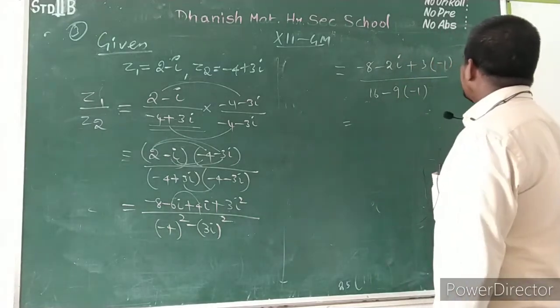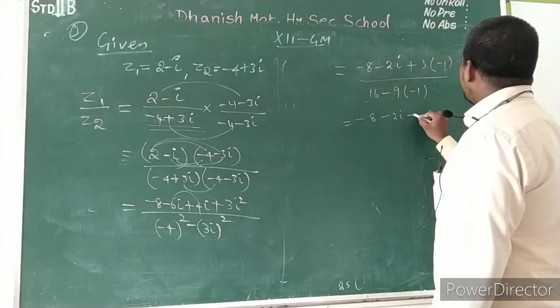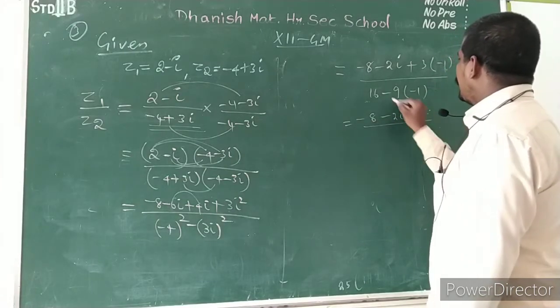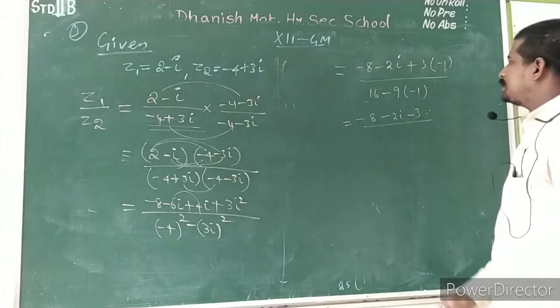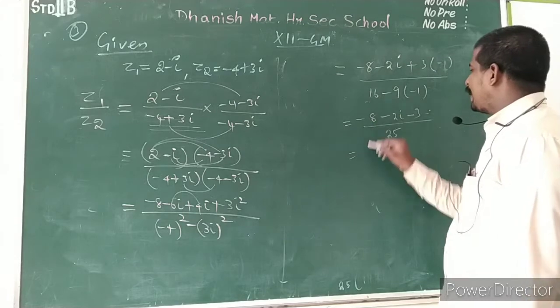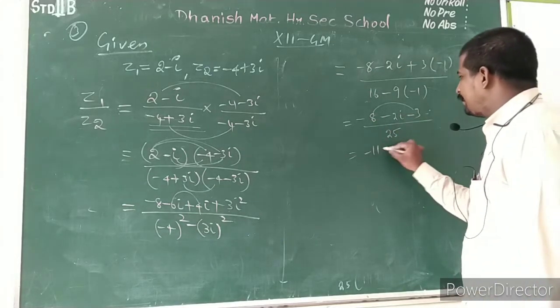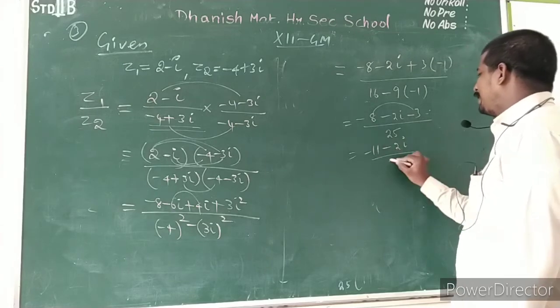Now this is equal to, see here, minus 8 minus 2i minus 3 divided by, minus and minus is plus, so 16 plus 9, 25. Now here we are having minus 8 minus 3, minus 11 minus 2i divided by 25.